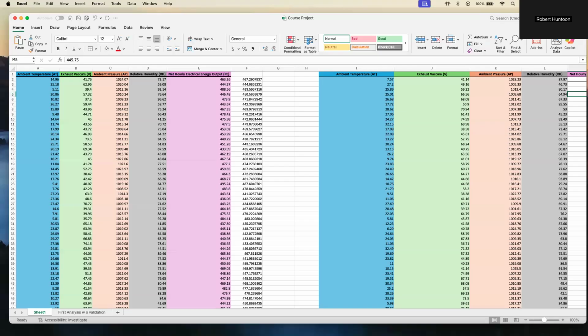Next, we were tasked with splitting the data to create a test set to evaluate the performance of the final model. I split the data set into about 70 to 80% for the training set to train the model, and for the test set I used 20 to 30%.